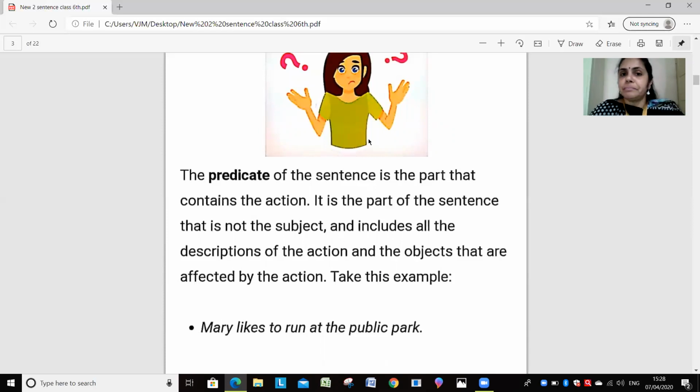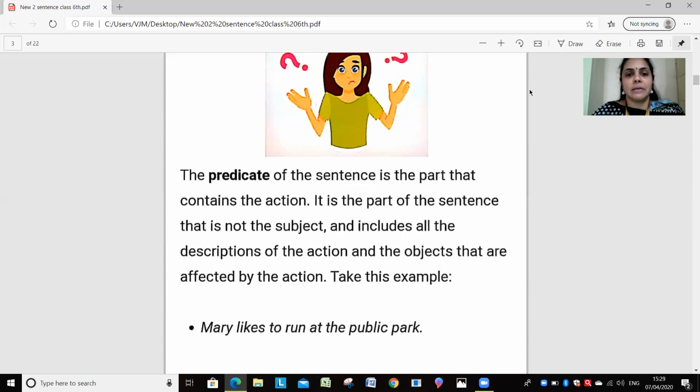I should tell you a few examples which do not contain a subject. Now you know what is a subject. It's the doer of the action. It may not contain the subject, but still that group of words is a sentence.